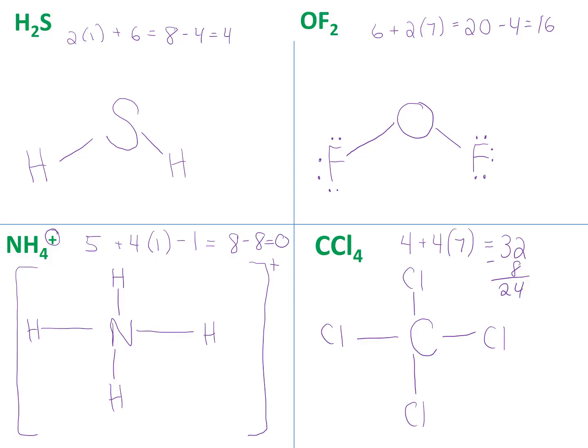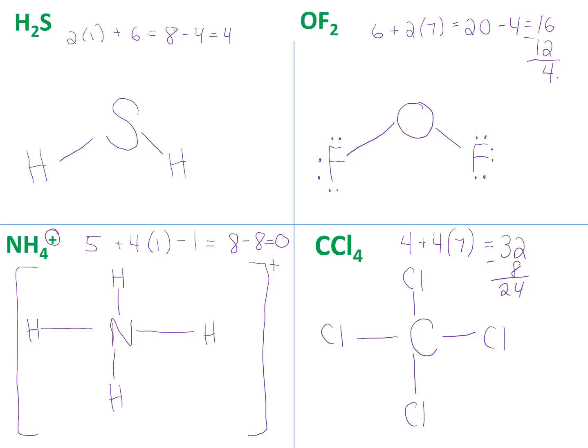We're also going to subtract what we used. In the ammonium polyatomic ion, the terminal hydrogen atoms already have a complete valence, so there's nothing to do there.